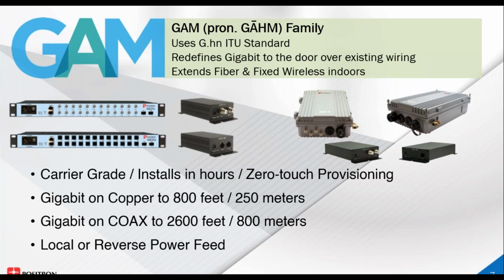Everyone contributes power, and they can do that very simply and self-install, which means you don't need a tech to enter the apartment either. Some examples of how far we can push a gigabit: it's 800 feet inside a building over twisted pair when we have 2 pairs, a single port still.